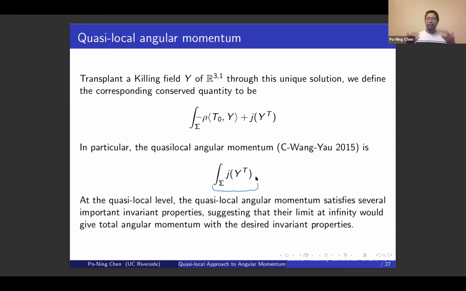So this would suggest that if we take the limit at infinity of asymptotic space-time, then we should get total angular momentum as well as total center of mass that has good invariant properties. And this is in fact what we will see, that indeed at null infinity, this will resolve the supertranslation ambiguity.